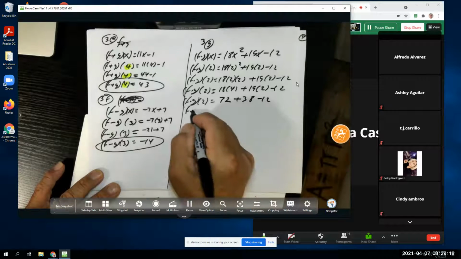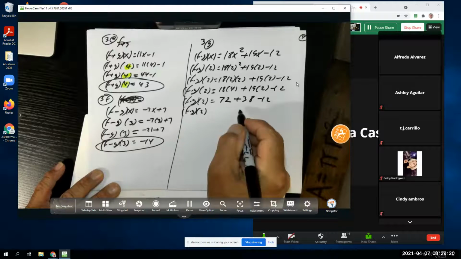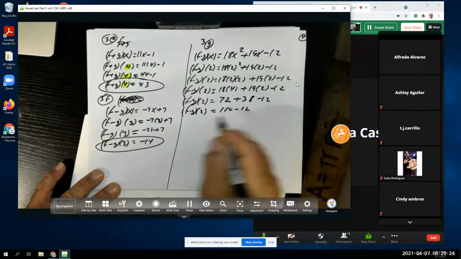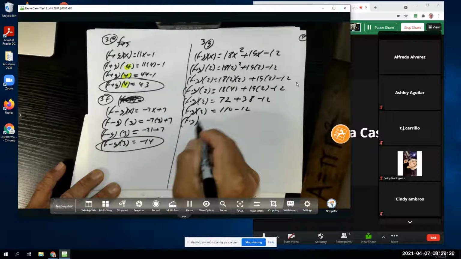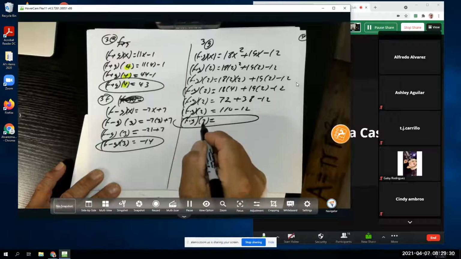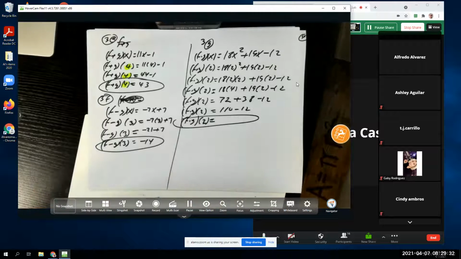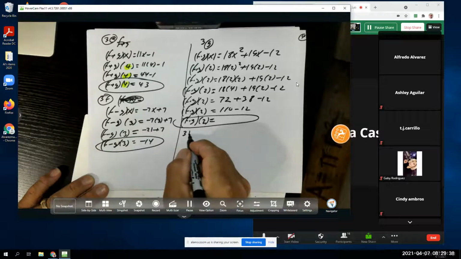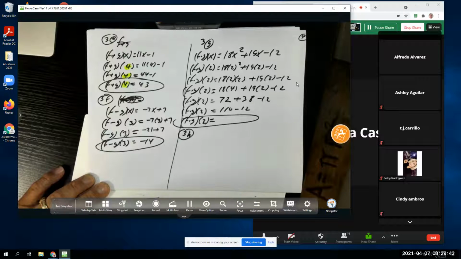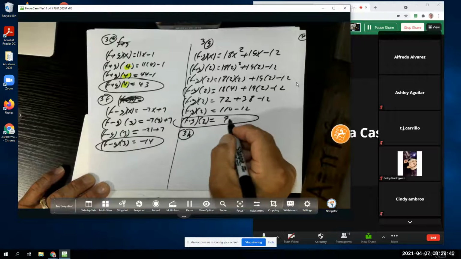So I'm going to put the first two numbers together. 72 and 38 is 110. I still got to subtract those two numbers. So give me the answer. What's 110 take away 12 on your calculator? 98. 98, that's right. You got it.